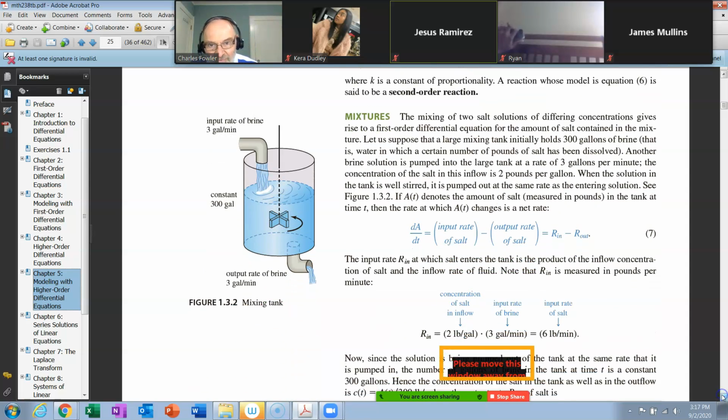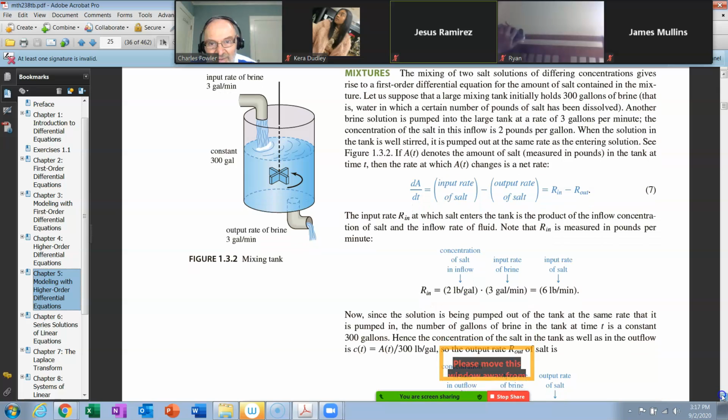Now, mixtures. Mixtures are change of one material per change of another. Here we have an input rate, the material coming into the system. We have the mixing rate, so what's in the system is changing in here, and then you have an outflow. Now in this case, the inflow and the outflow are the same.